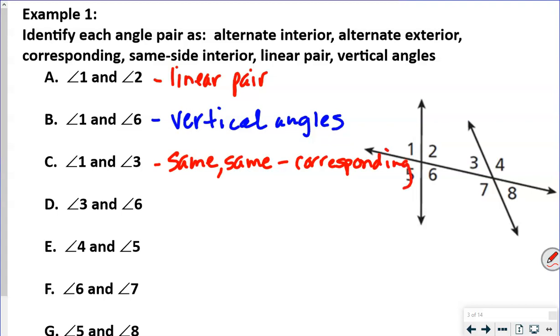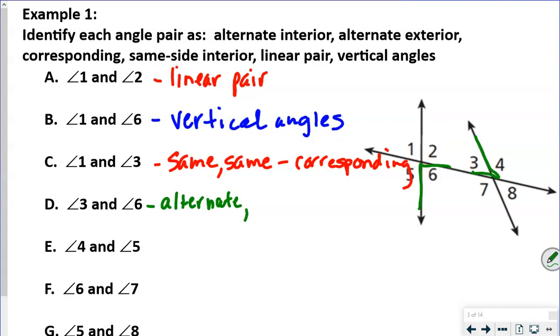Okay. Then we got 3 and 6. So 3 is here and 6 is there. So these are on alternate sides of the transversal and on opposite sides. So we're going to say alternate and opposite.